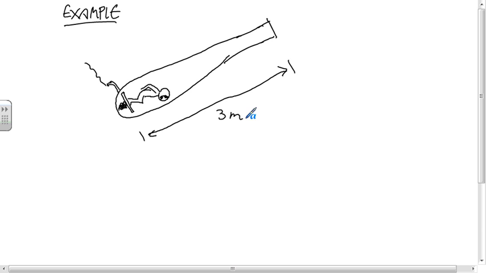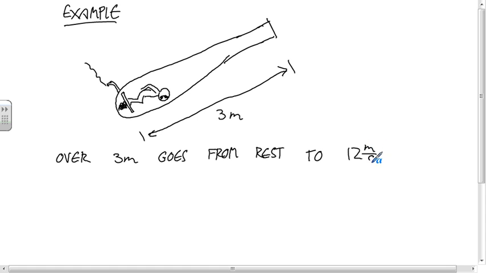And over these 3 meters, he goes from rest to a speed of 12 meters per second.